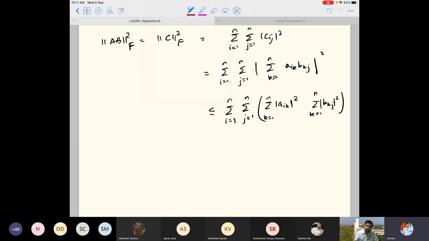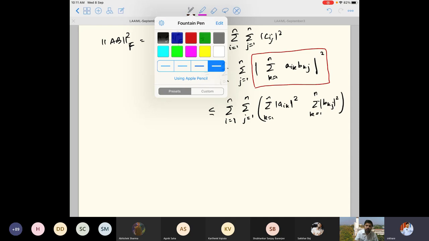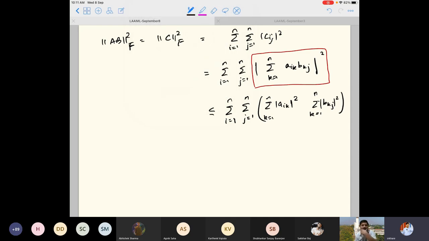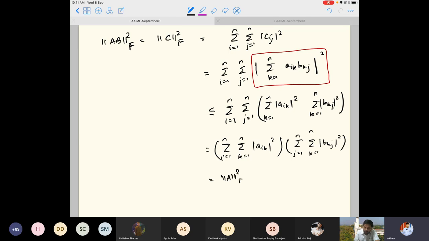So that is where I have applied Cauchy-Schwarz inequality for this part. Red highlighted part, I apply Cauchy-Schwarz inequality, and using it I get this. And this I can write down as summation i from 1 to n, summation k from 1 to n, Aik square, and summation j from 1 to n, summation k from 1 to n, Bkj whole square, which is nothing but norm of A square times norm of B square, Frobenius norm.